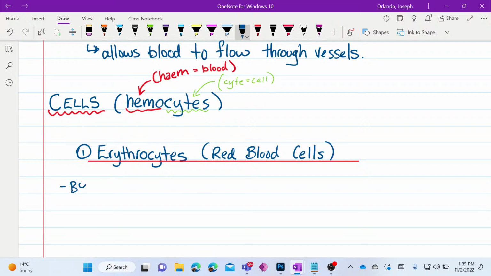They are by far the most common. If you look at blood under a microscope, you probably will not notice any other cells other than red blood cells. They are just profoundly more common than anything else.